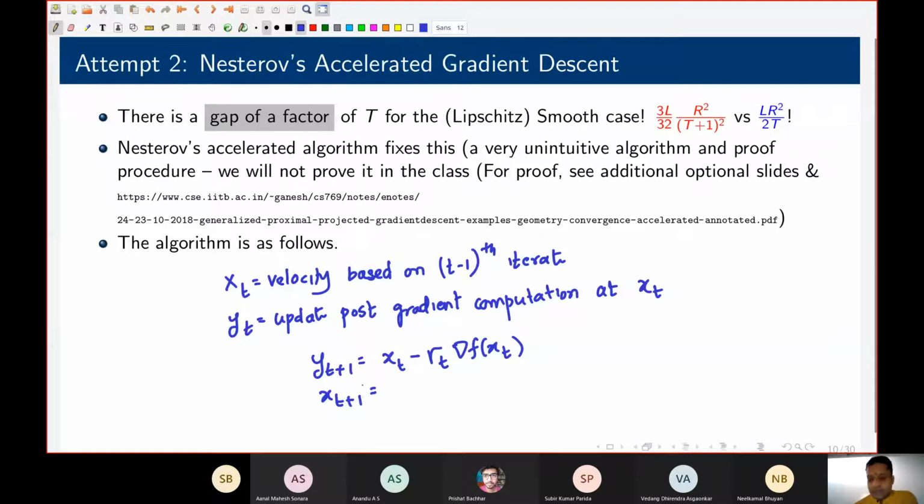So xt plus 1 will be this decaying average, 1 minus mu t, of yt plus 1. Basically mu t gives a convex combination of yt plus 1 and yt, but you can expand it if you want. These are the basic updates.